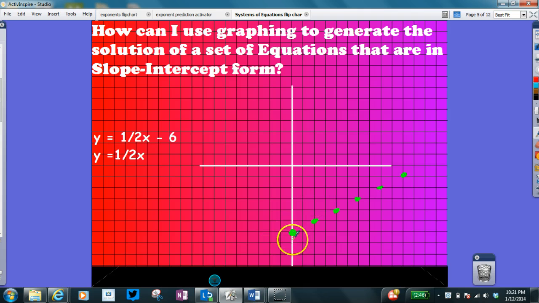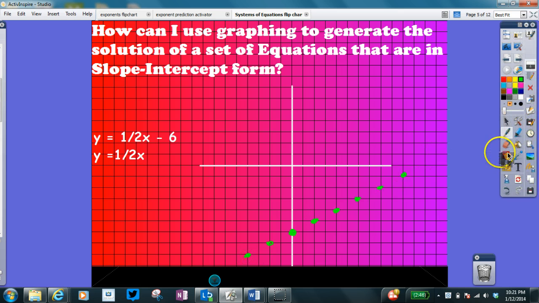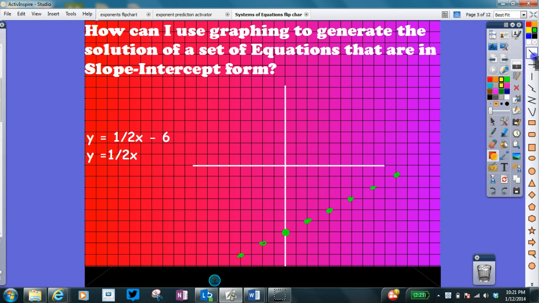And then I can go down 1 and back over 2, and I'll go one more time. And I'm just going to connect my line.